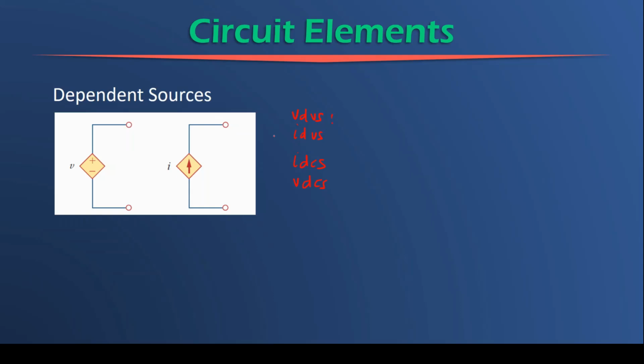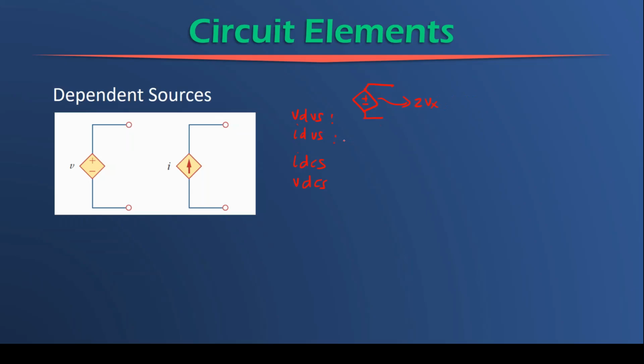An example of this, a voltage dependent voltage source would be a source. So it's a voltage source whose value will be dependent on voltage. So the value would be 2Vx, where Vx will be some voltage within the circuit.